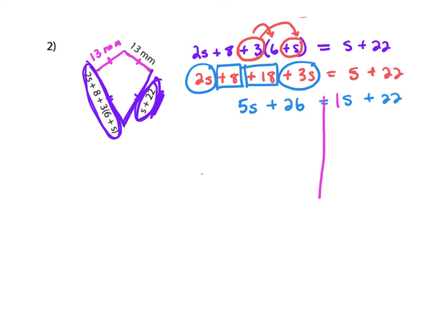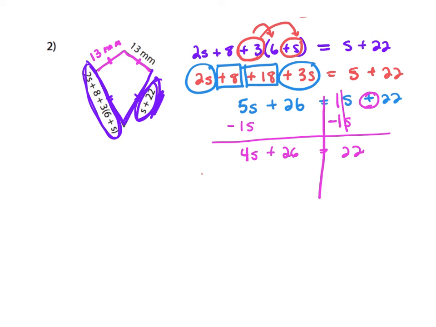So since we're trying to avoid negatives, I'm going to choose the weaker or the least of the terms, and so I'm going to take away 1s. And when we do that, we have 4s plus 26 equals 22. And it's a positive 22. Again, I want to pay attention to those signs. If this would have been a minus 22, it would have dropped down as a negative.